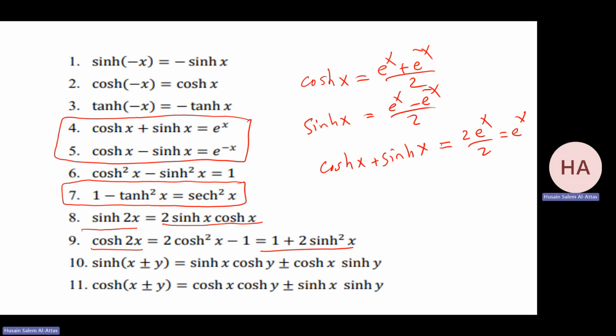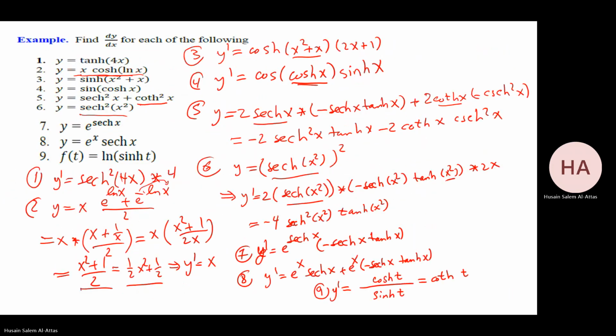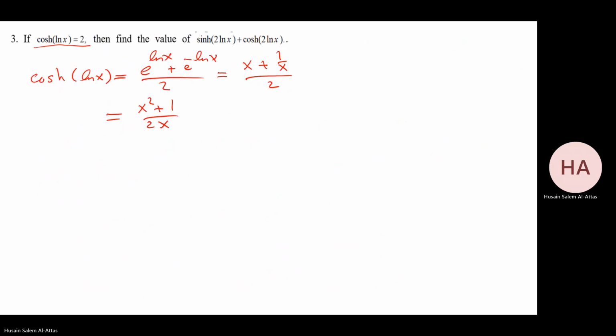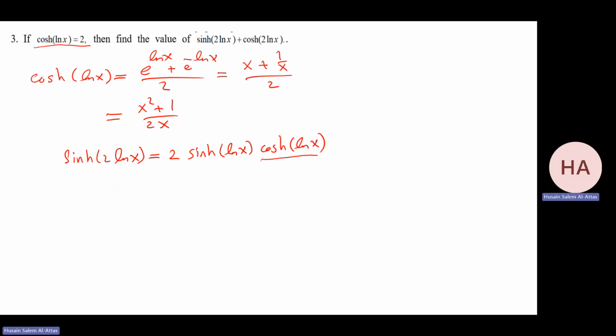So sinh of 2 ln x will be 2 sinh of ln x times cosh of ln x.